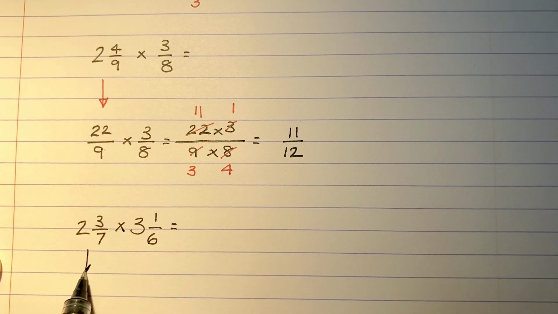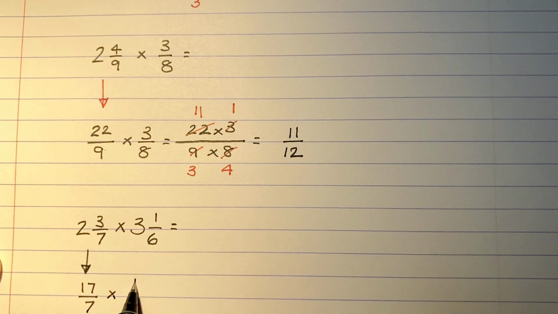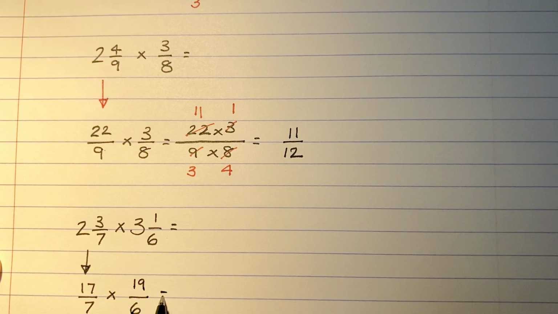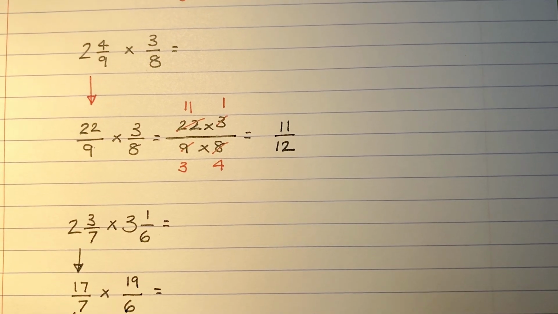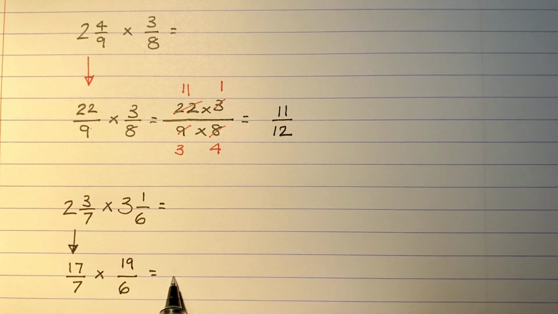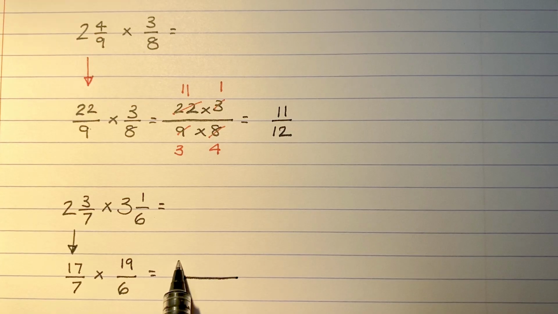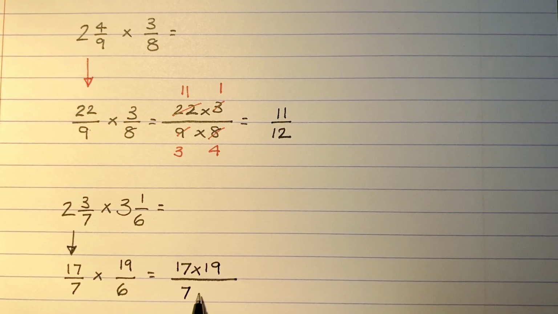Mixed numbers to improper: 2 times 7, 14, add 3, 17 over 7. 3 times 6, 18, add 1, 19 over 6. Here we go. 17 times 19, 7 times 6.